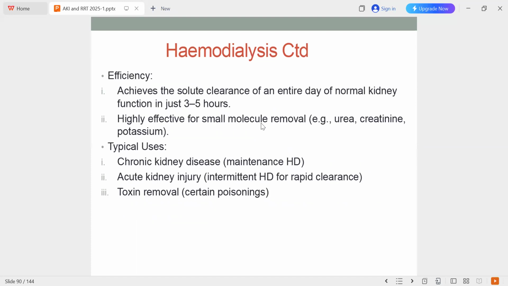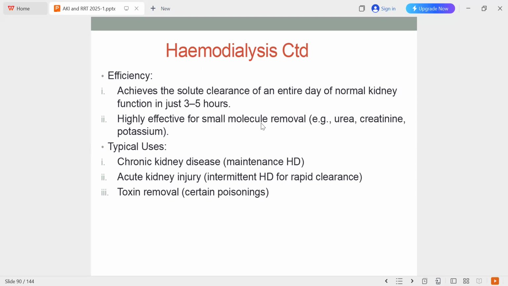Now, hemodialysis is efficient in achieving solute clearance of an entire day of normal kidney function in just 3 to 5 hours. It is highly effective for removal of small molecules like urea, creatinine, and potassium.